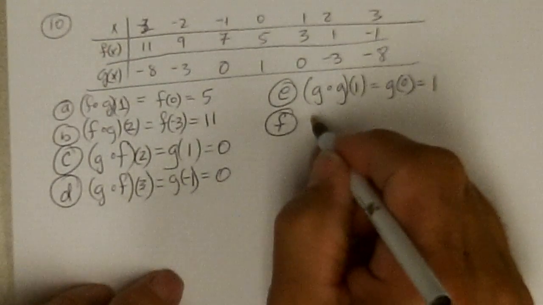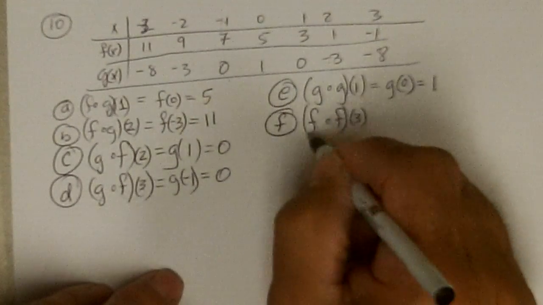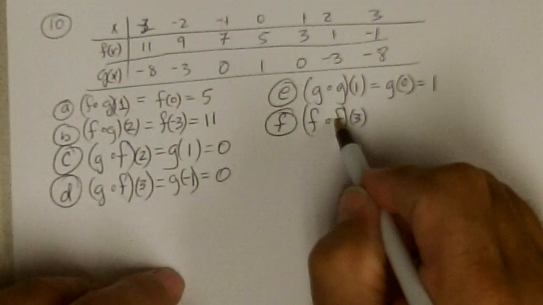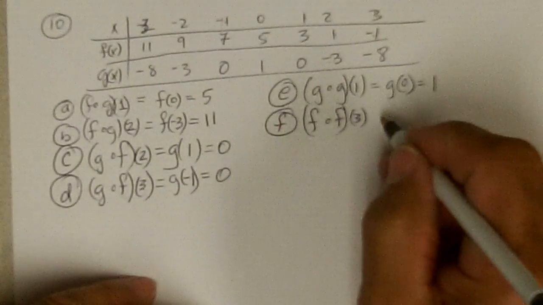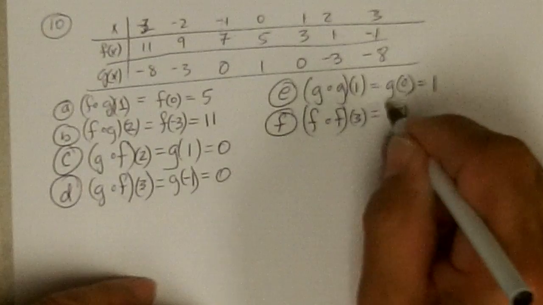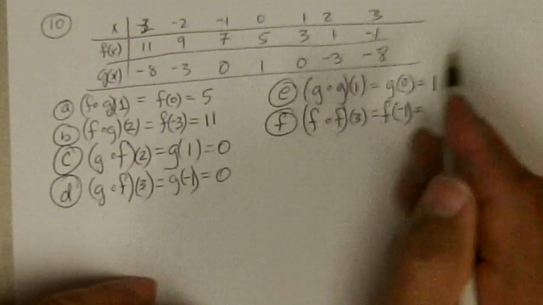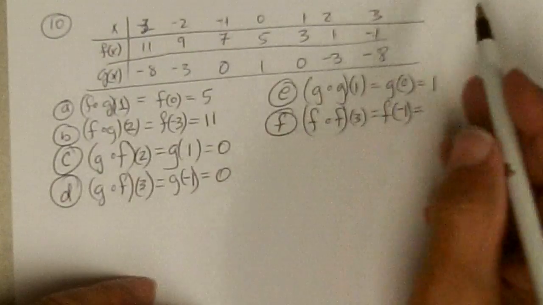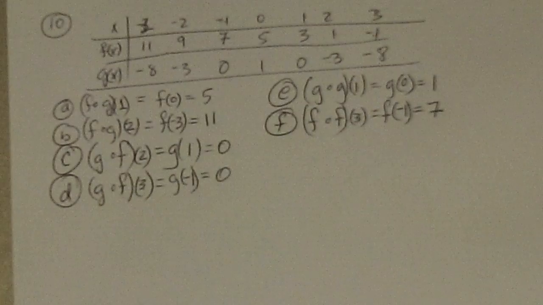And f of f of 3. So we've got to put 3 into f, take that result out. 3 into f is -1, and put that into f, the second f here. And so -1 into f is 7. And that's number 10. That's how you're supposed to work that one out.